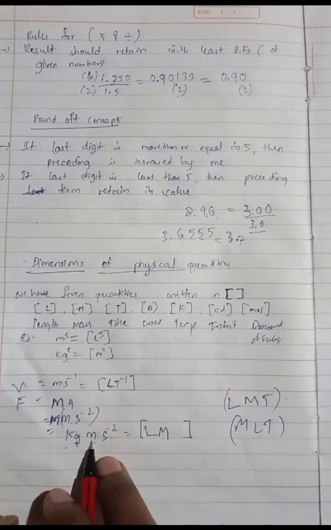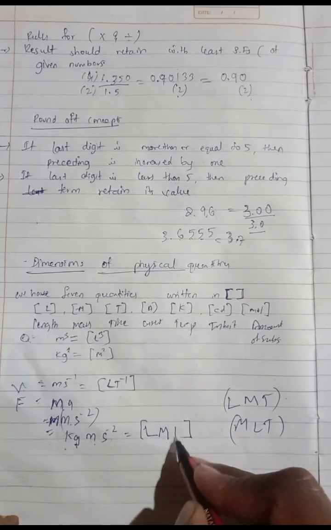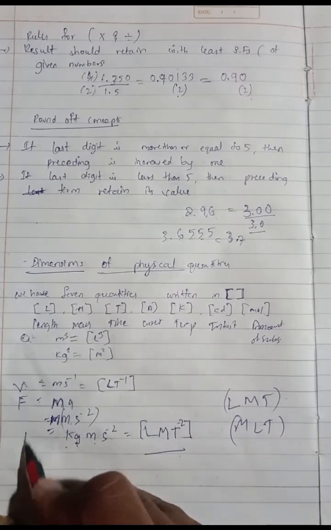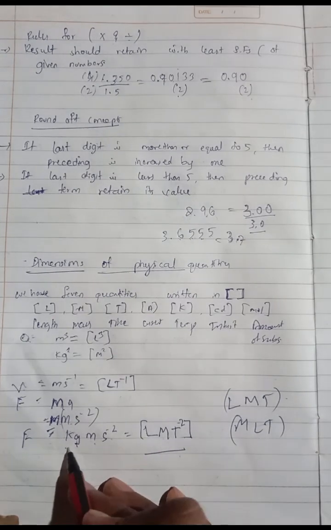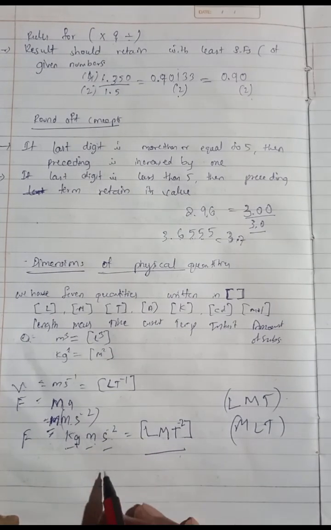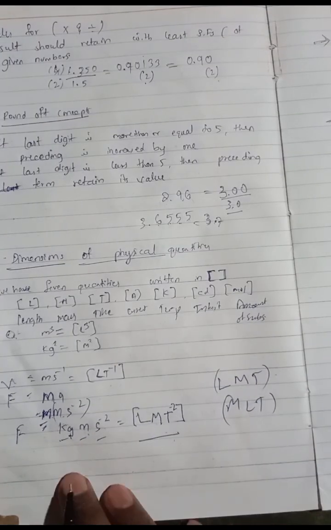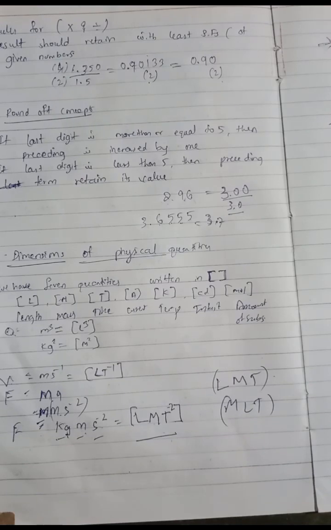So kg gives M to the 1, distance in meter gives L to the 1, and seconds in negative square gives T to the minus 2. So this is the dimension formula for force. Similarly, you can convert any physical quantity in terms of kg, meter and seconds. Then you can easily write it in this format. So this is all about the dimensions of physical quantities.